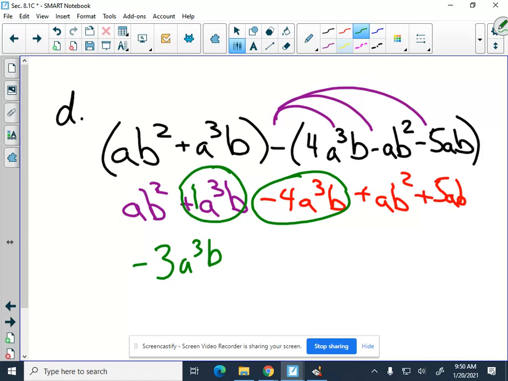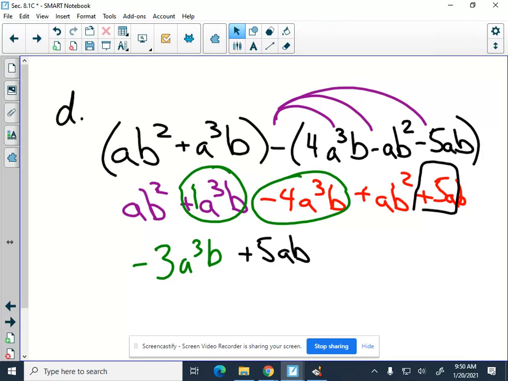Okay, now, the next one, I could go either way on this one, but typically if there's 2 variables, you then just focus in on the one where they have some things the same, and then in the second variable, the highest power goes last.